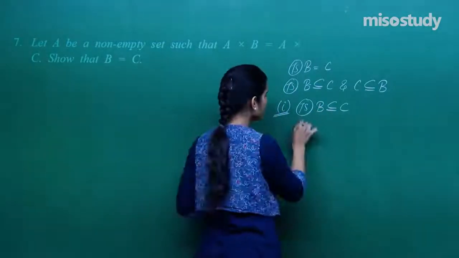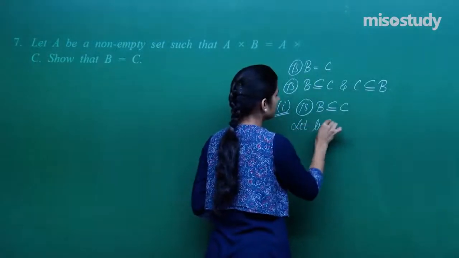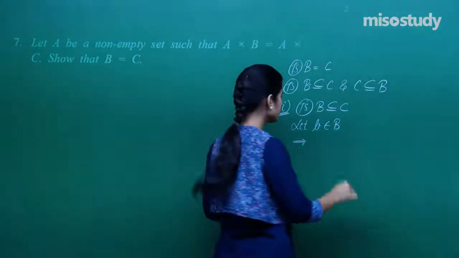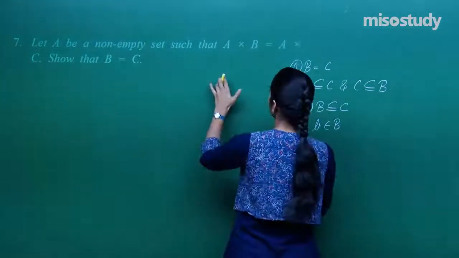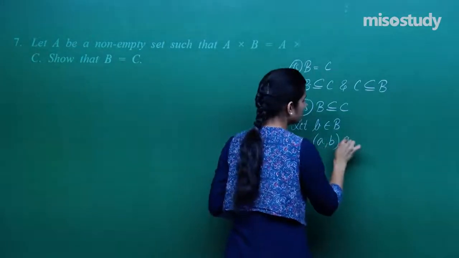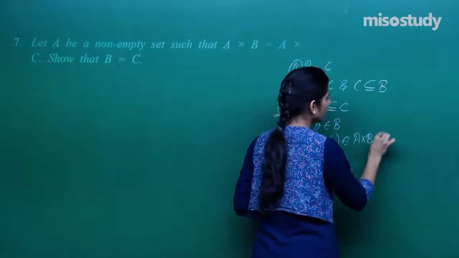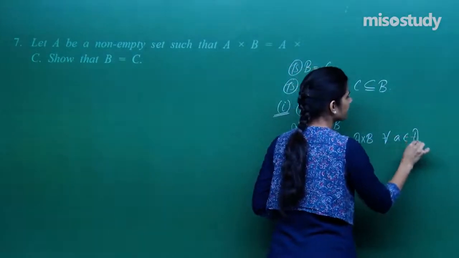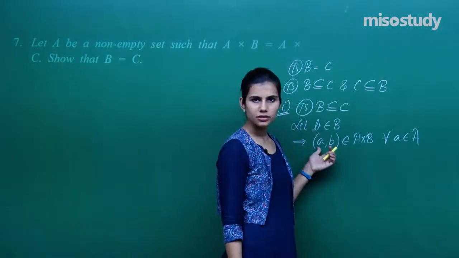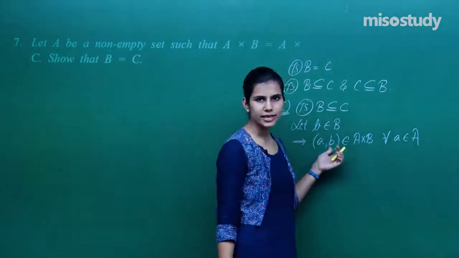Take an arbitrary member in B. Let b belong to B. This implies that (a, b) belongs to A cross B for all a in A. You pick up any element a in set A, keep it as the first component, keep this selected b as the second component.